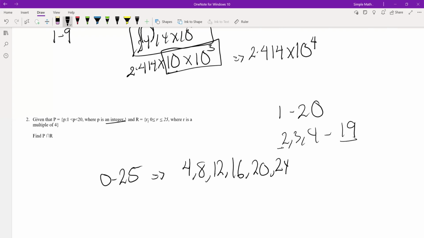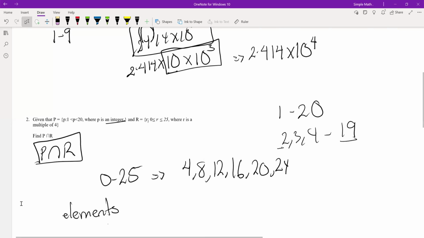Now they said find P intersection R. So it means that we're looking for elements that are in both P and R. Let me create a space down here.